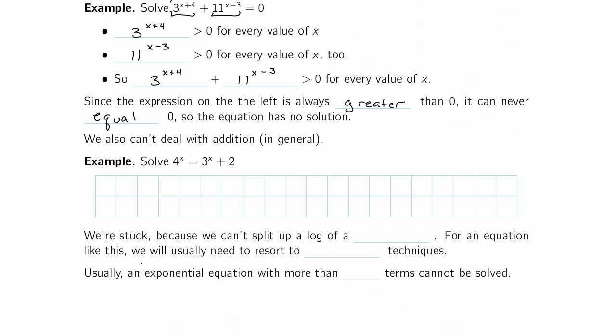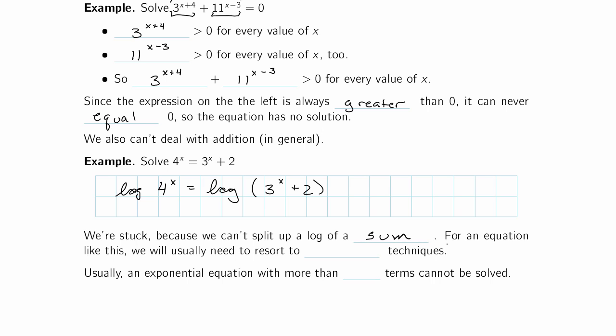In general, if there's addition in our equation, we're stuck, right? Here's an equation with two exponentials equal to each other. We might try that move where we take the log of both sides, but now we're stuck. Why are we stuck? Because in general, we can't split up the log of a sum.